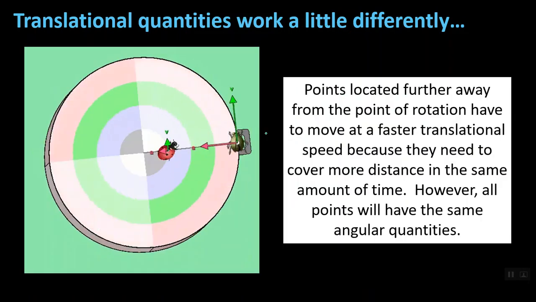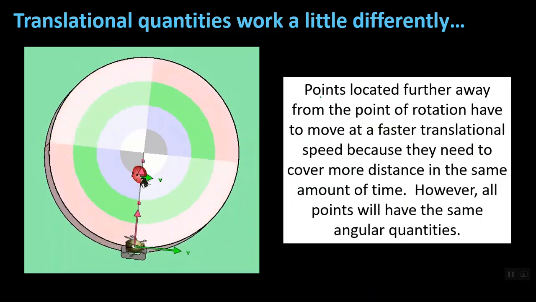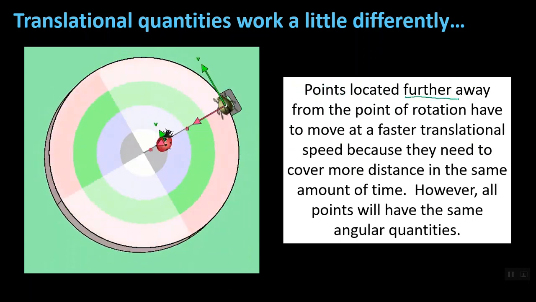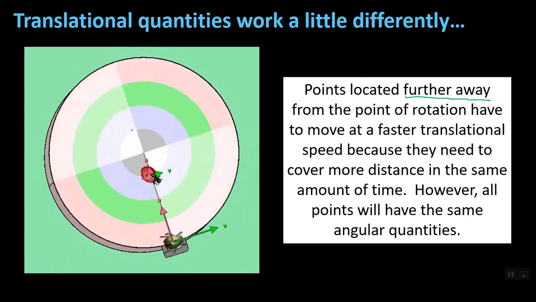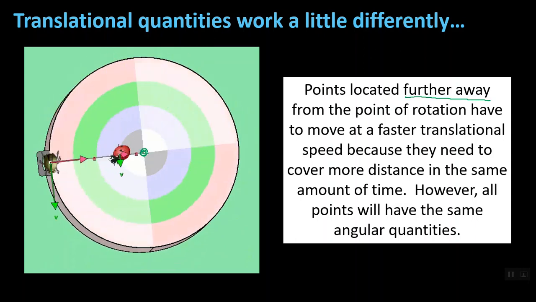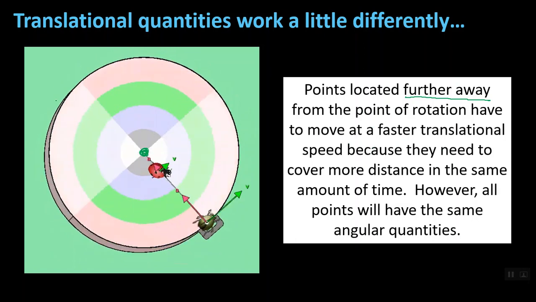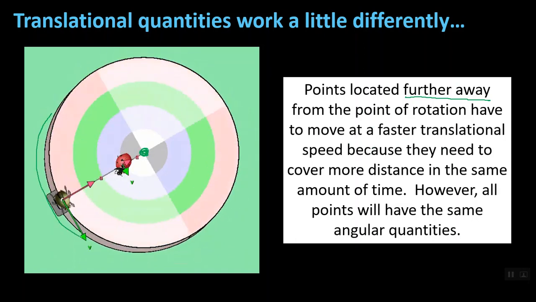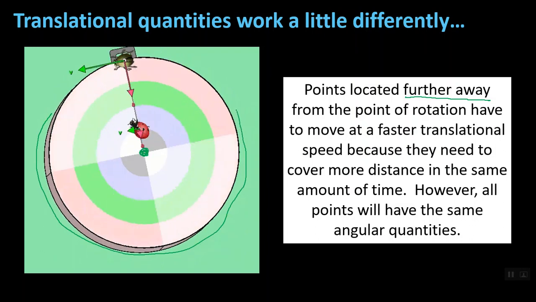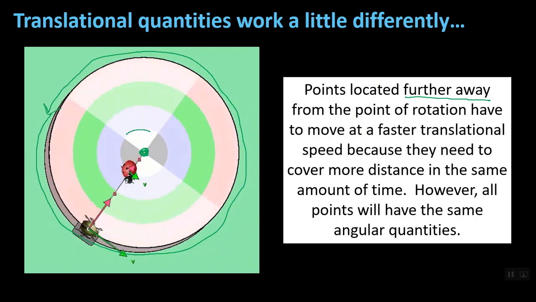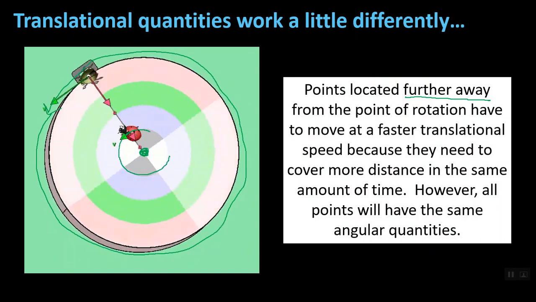So in general, we have a rotating object and there's different points on that object. Points that are located further away from the point of rotation, which is usually the center, are going to be moving at a faster translational speed. That's because they have to cover this outer circumference, which is the biggest circle they could possibly cover, or on the inside, points closer to the center of rotation only have to cover this smaller circle.